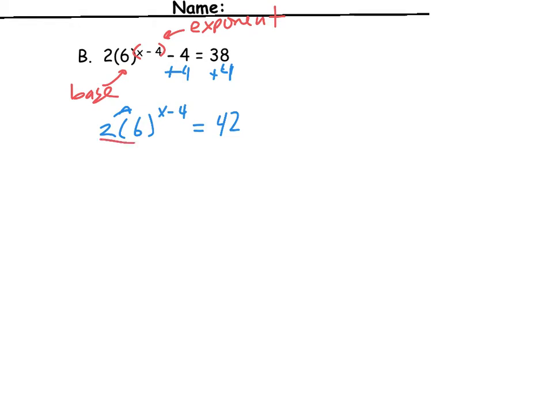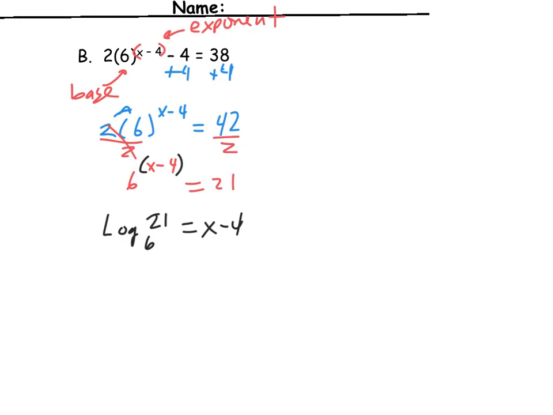So we do have to divide by 2 here to cancel that 2 out, and I get 6 to the x minus 4 power equals 21. Now I can put it in log base, and remember, this is your exponent right here. So when I write this, it's log base 6 of 21 equals that x minus 4.